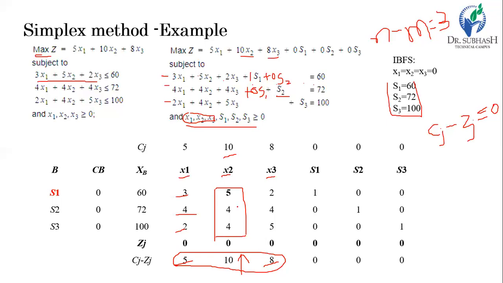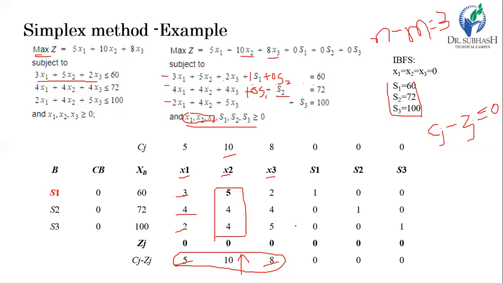So to get the outgoing variable, we must find the minimum ratio, meaning the minimum positive ratio, of the xb with the key column element: 60 divided by 5, 72 divided by 4, and 100 divided by 4. From these, choose the minimum positive ratio. If any value of the key column is negative, then do not consider that element and leave it as it is.